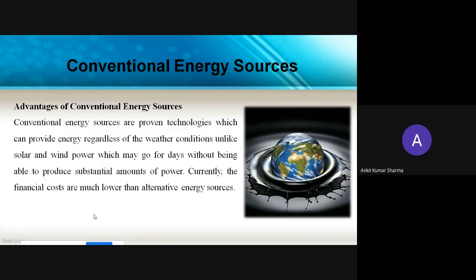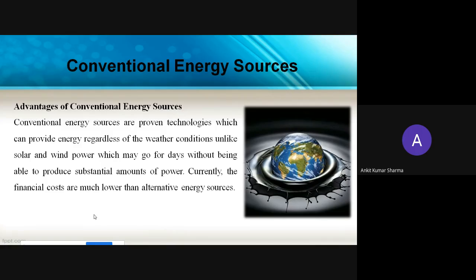But in the case of coal and petroleum and such types of sources, the generation is not affected. So the first advantage is that it gives continuous power regardless of the weather condition, unlike solar or wind power.